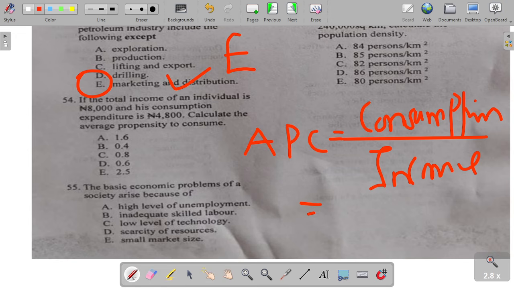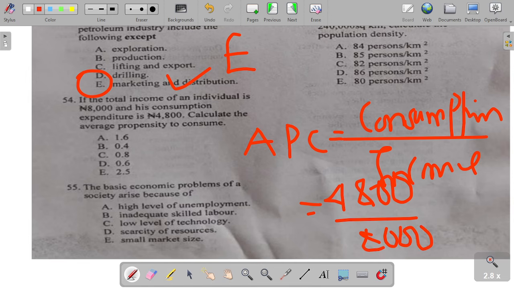What do I consume? Consumption is 4,800. Then the income is 8,000. So if I divide 4,800 divided by 8,000, that will give me 0.6. Number 54 is D.